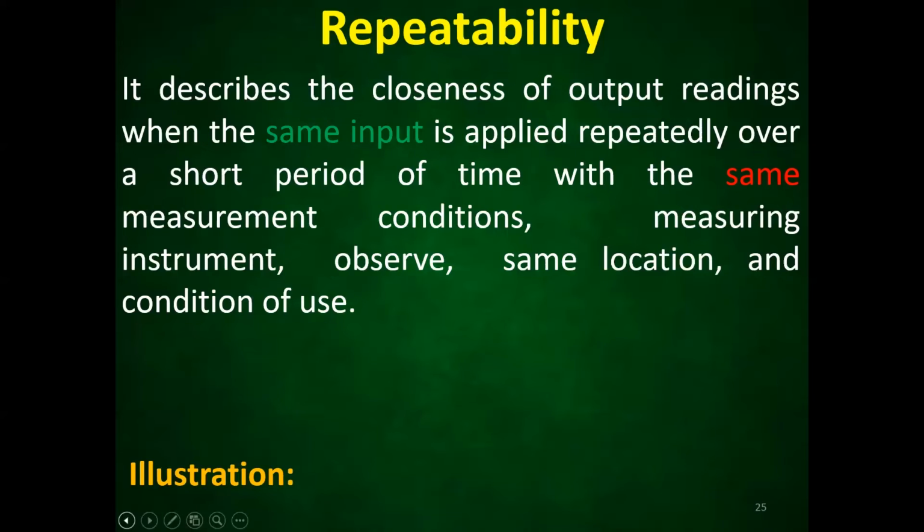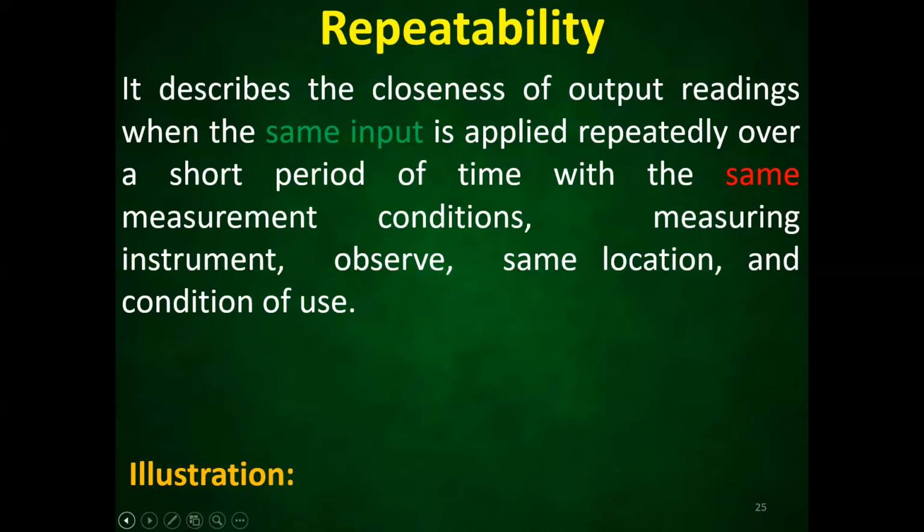Now my scale is my instrument, and if my input is the same, that means the length of the table, which is in this case the input, is the same, and my instrument is also the same.